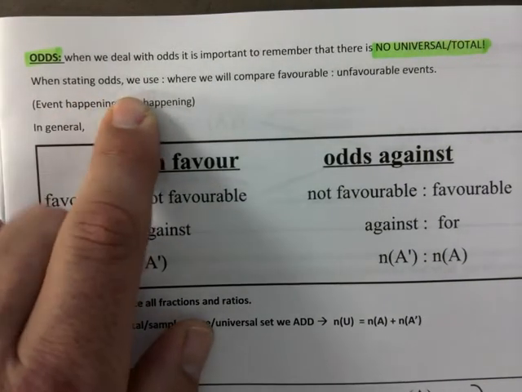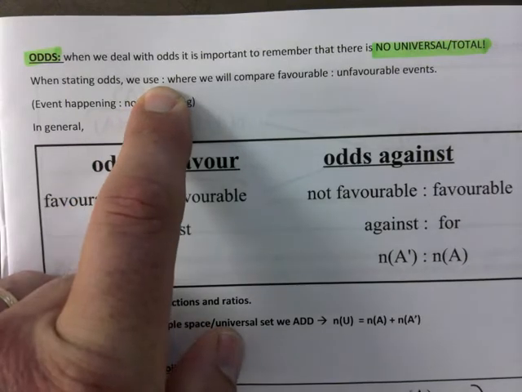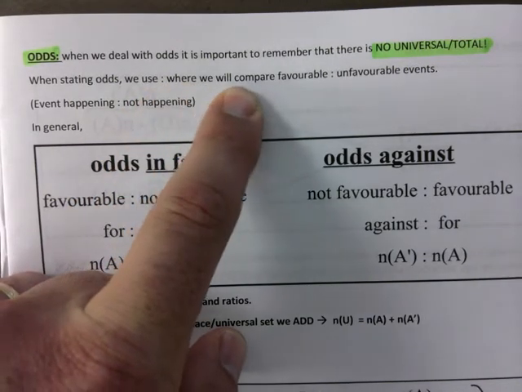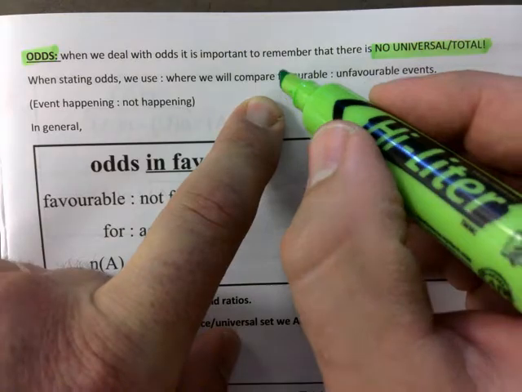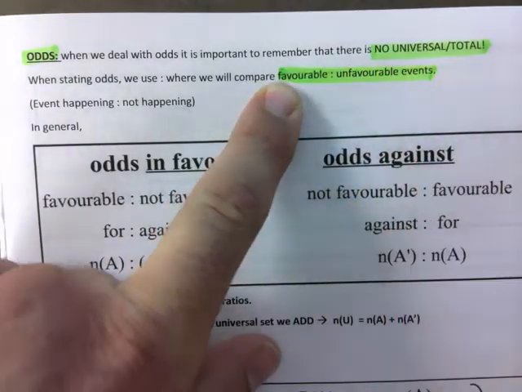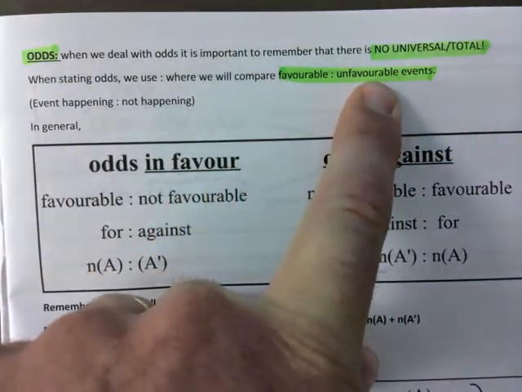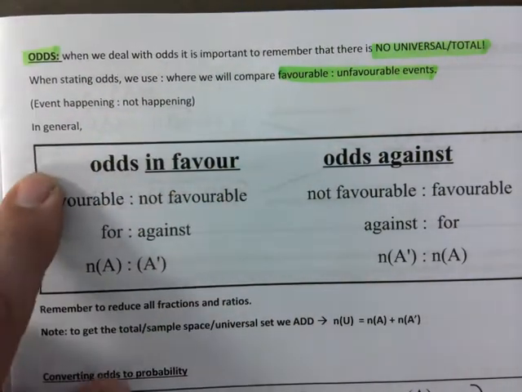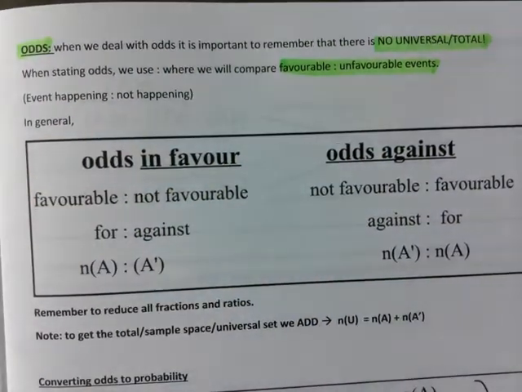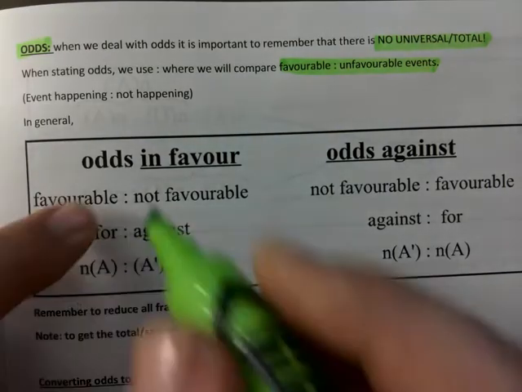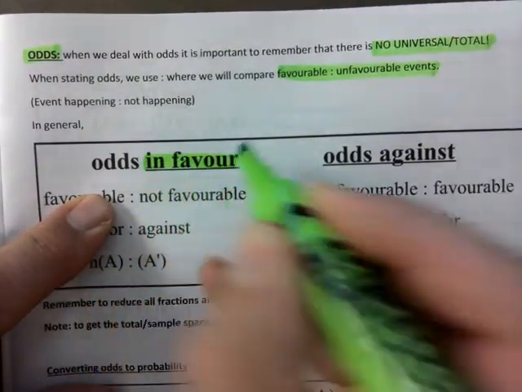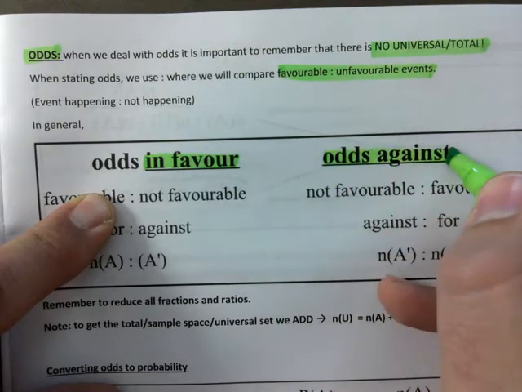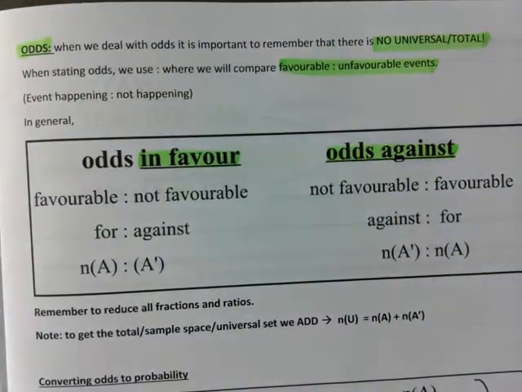When stating odds, we use a colon, where we can compare favorable to unfavorable outcomes. It happening, it not happening, right? In general, odds in favor. So that's where it gets a little tricky. There's odds in favor, and there will be times where it says odds against.